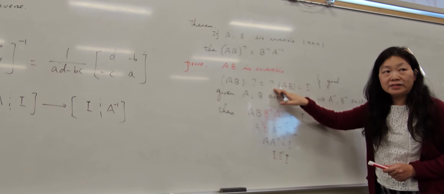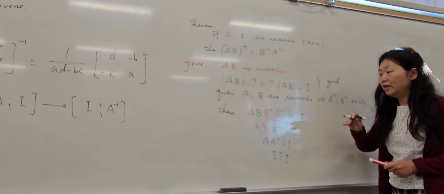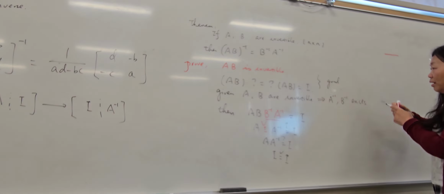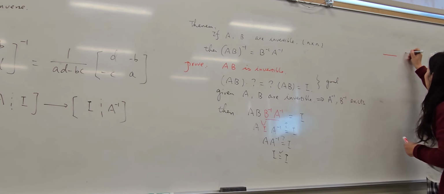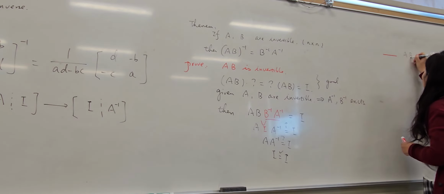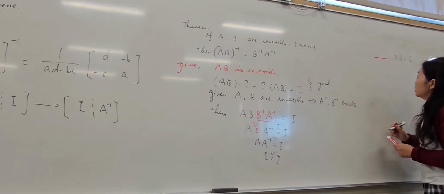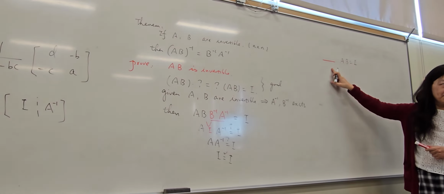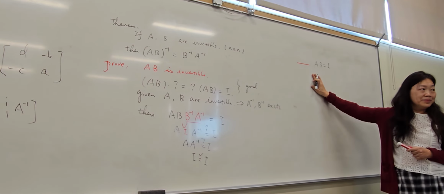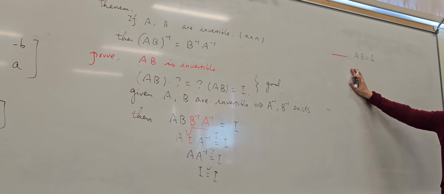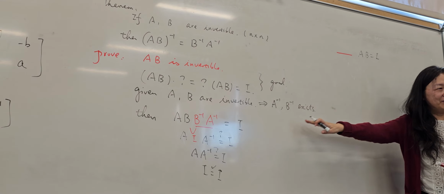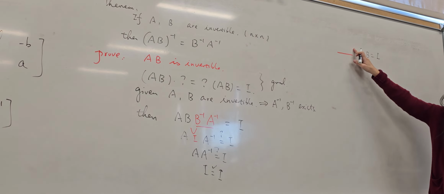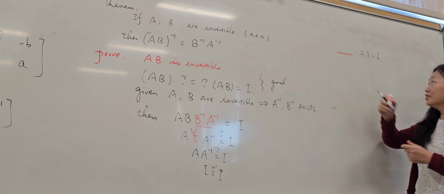Now I'm going to do that thing times AB equal to I. What thing times AB equals I? What should I put here? Can you tell me, anyone? Look at what you have earlier. What should I put as the last one first? A inverse.